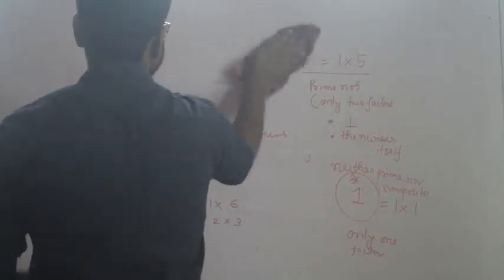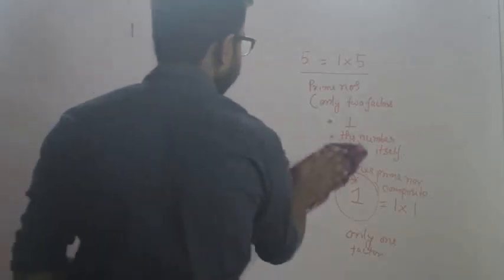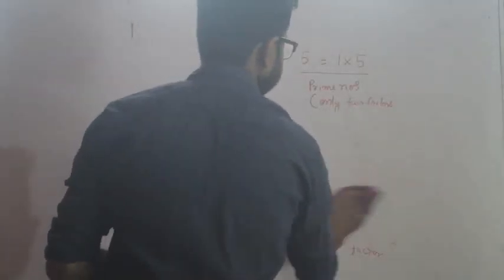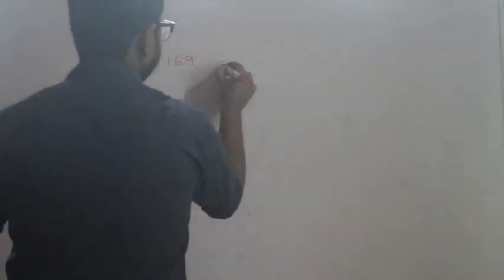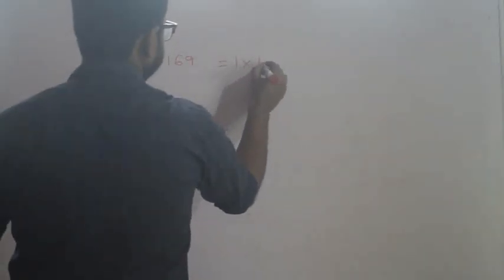Now let us take some examples to find out whether a number is prime or composite. Suppose 169. Most of you will get distracted with this one.